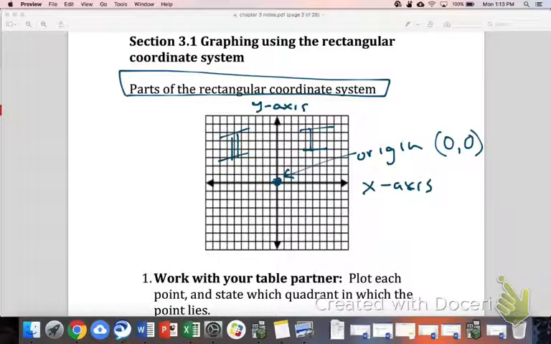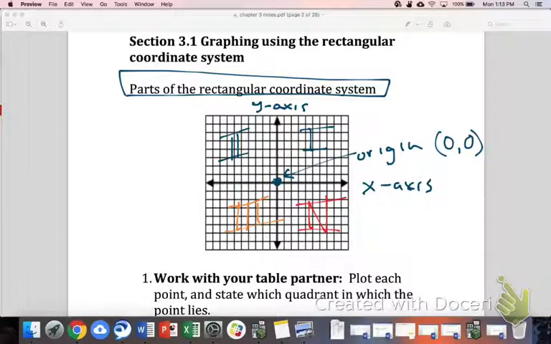Roman numeral III for the third quadrant, and Roman numeral IV for the fourth quadrant.